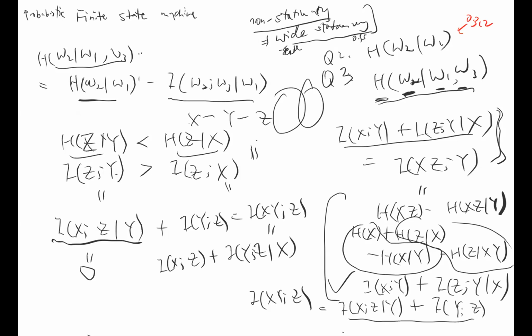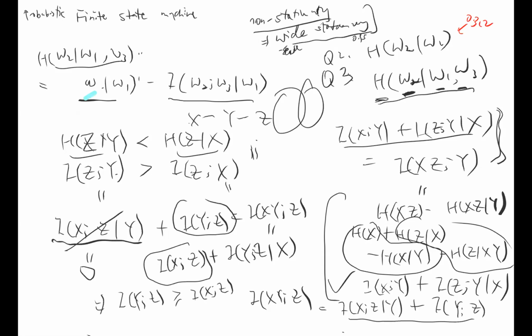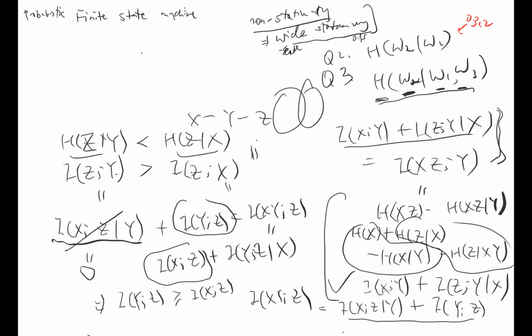Now, because this is 0, it means this guy is bigger than this guy here, right? So therefore I(Y; Z) is bigger than, or bigger than or equal to, I(X; Z) in general. So again, what I just showed you is known as the data processing inequality.